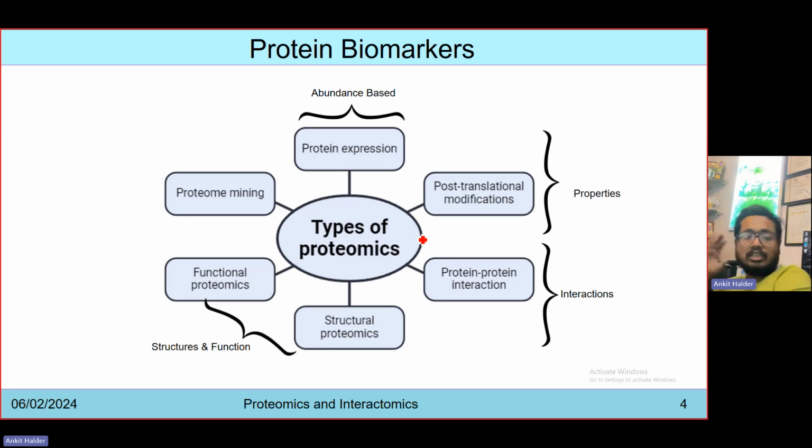So this gives us an overview of the different protein biomarkers and the different proteomics technologies which we talked about to some extent in the previous week: MS-based proteomics versus gel-based proteomics. In MS-based proteomics, there are different quantification methods like label-free quantification and label-based quantification.